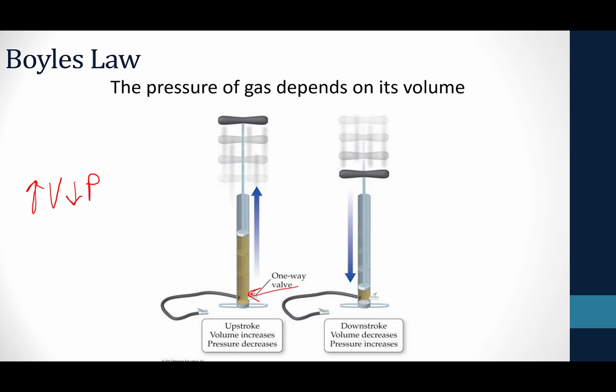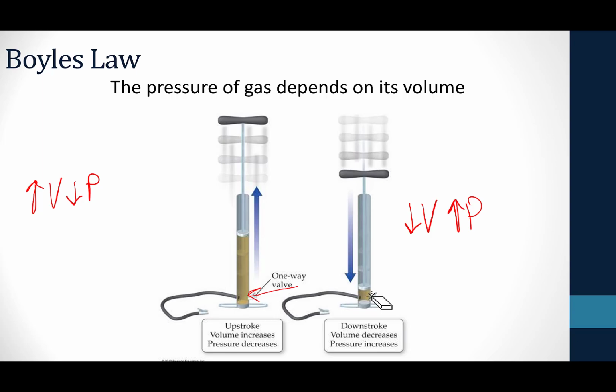Okay. Now let's think about the opposite. So the piston's up at the top, and we're going to push it down to the bottom. So first thing is, what happens to the volume inside of our cylinder? Yeah, the volume decreases. And then what happens to pressure inside of there? Pressure is going to increase, right? So how do we know, what's the observable change?